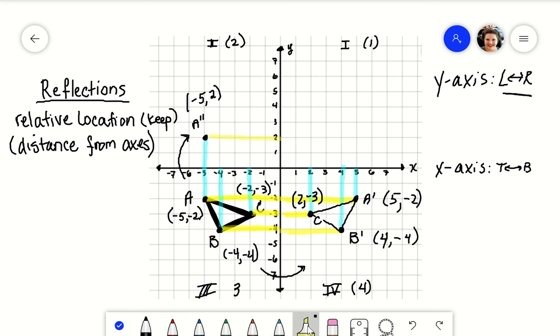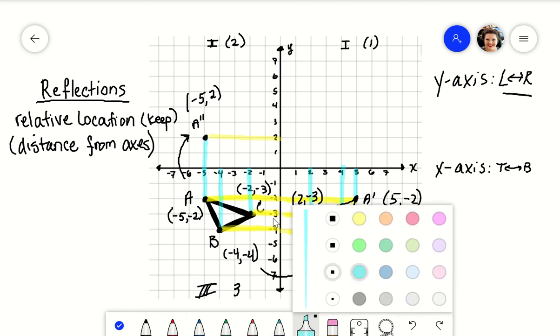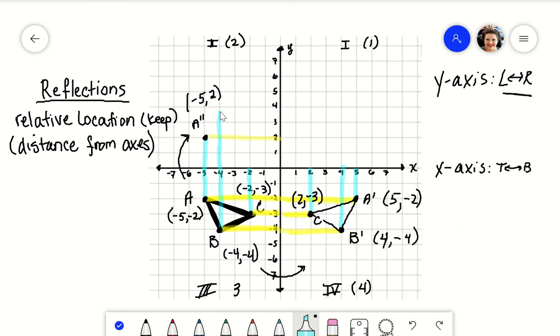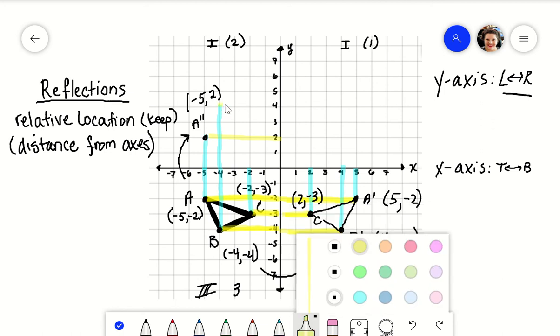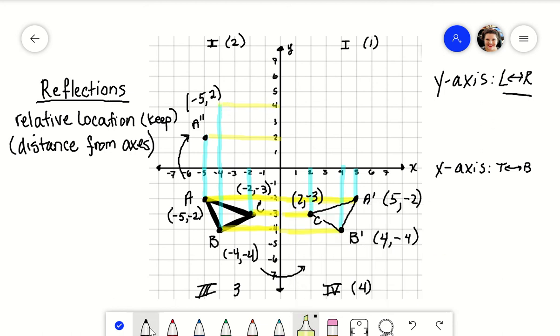My B is 4 from the X: 1, 2, 3, 4. And it's also 4 from the Y: 1, 2, 3, 4. So I've got B double prime, which is negative 4, positive 4.